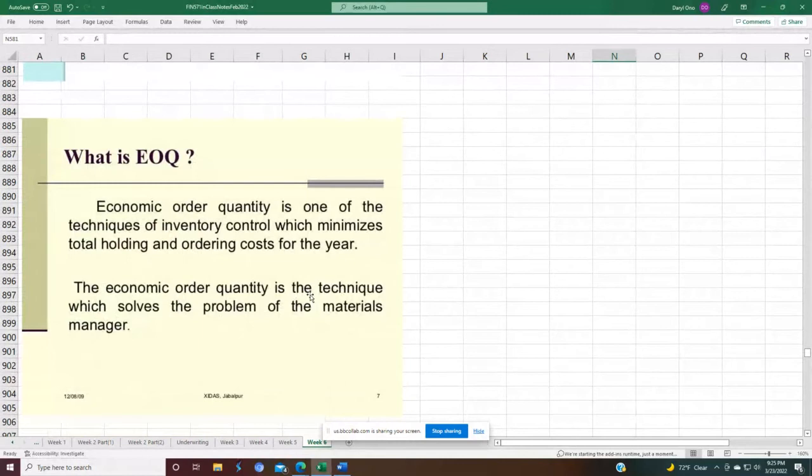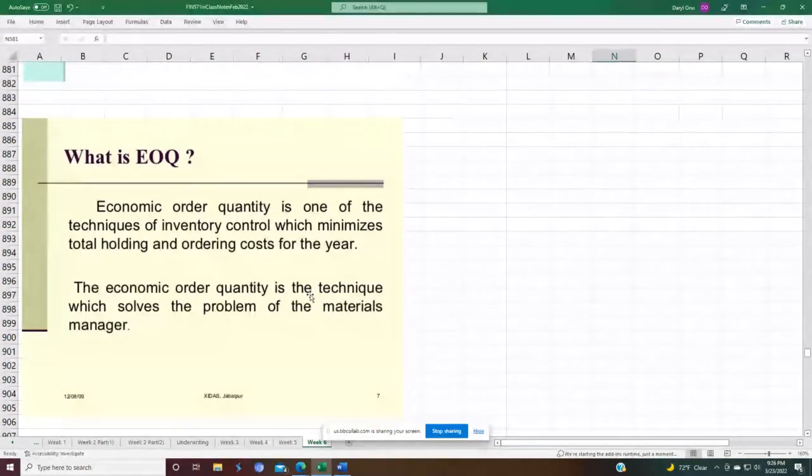Okay, so the economic order quantity is a technique of inventory control which minimizes the total inventory cost, and again, inventory cost being the cost of procurement and the cost of warehousing.